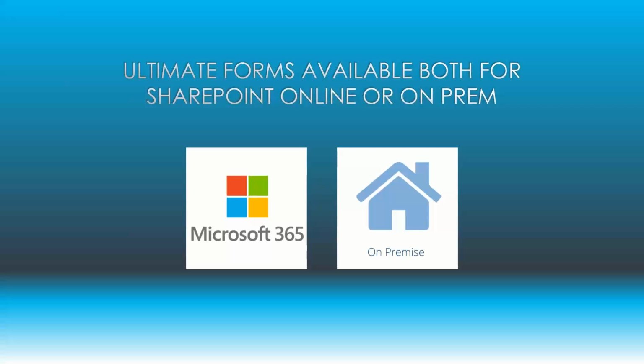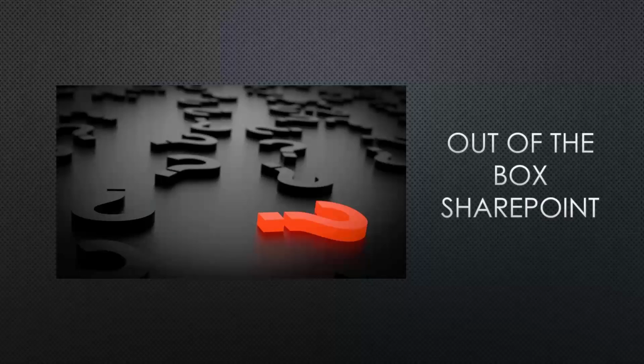I should mention Ultimate Forms is available both online for Microsoft 365 and also for on-premise. Everything I show you today, you'll be able to do in both types of SharePoint. And this is kind of the issue with out-of-the-box SharePoint. It's limited.